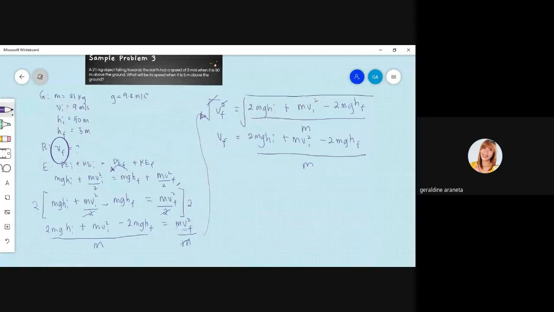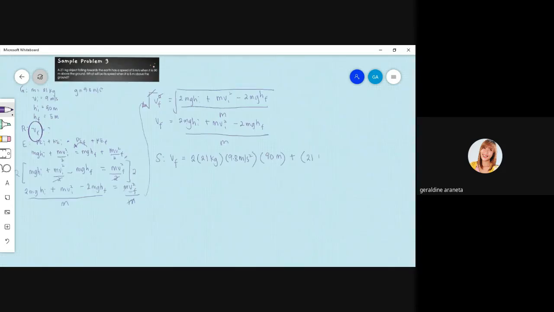For the solution, substitute na natin ito. So that will be VF is equal to 2 times mass, which is 21 kilograms. Do not forget to write the unit. Times G, 9.8 meters per square second, times HI is 90 meters, plus 21 kilograms, yun yung ating mass.